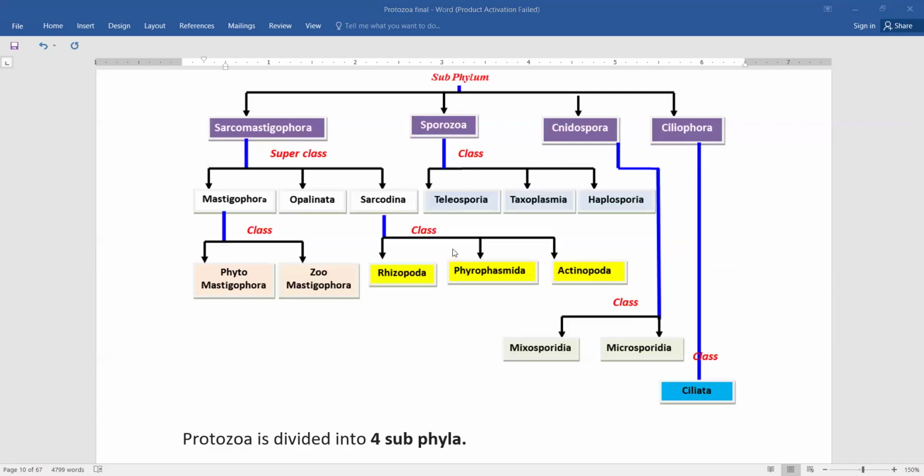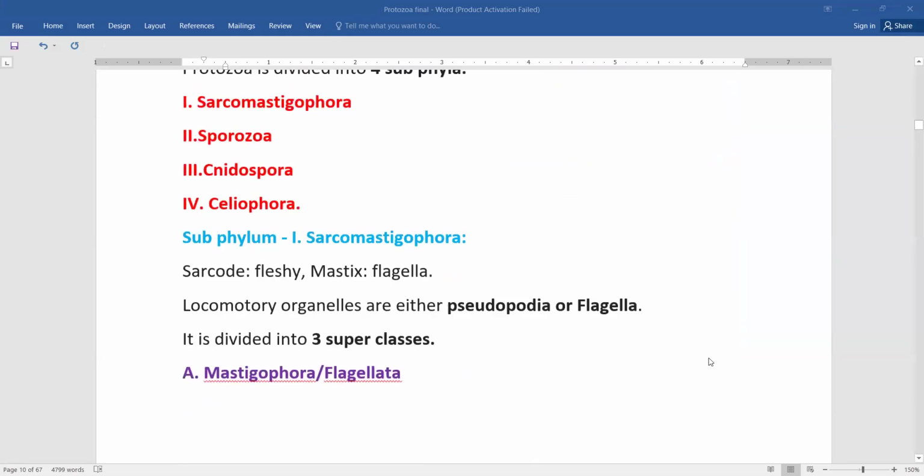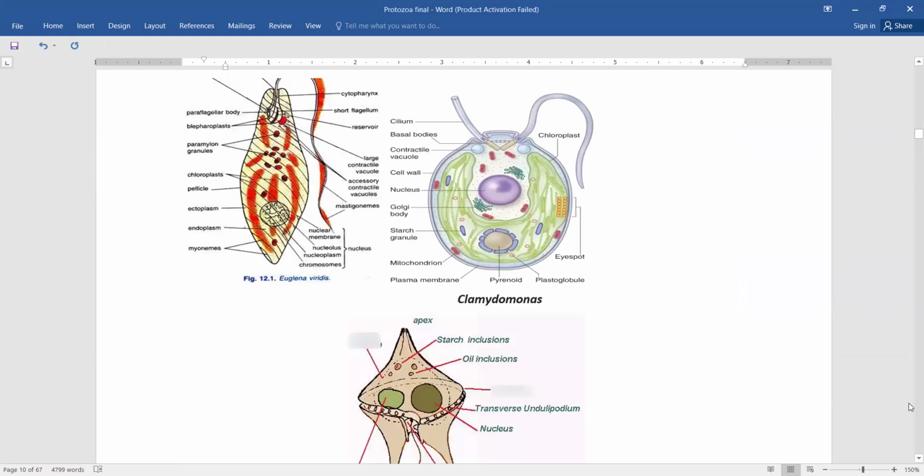Then Sarcomastigophora, which is very complex, has three superclasses: Mastigophora, again divided into Phytomastigophora and Zoomastigophora, Opalinata, and Sarcodina. Sarcodina again has three classes: Rhizopoda, Piroplasmea, and Actinopodea. I have given only Rhizopoda and Actinopoda. That's enough. That is the classification of protozoa.